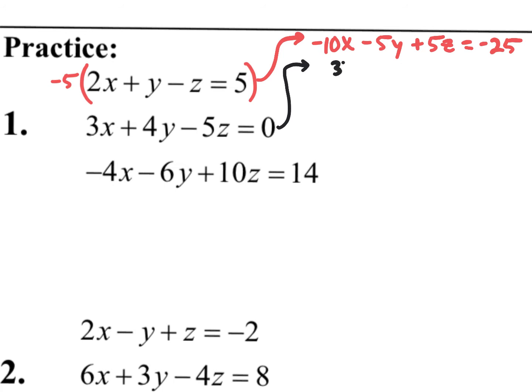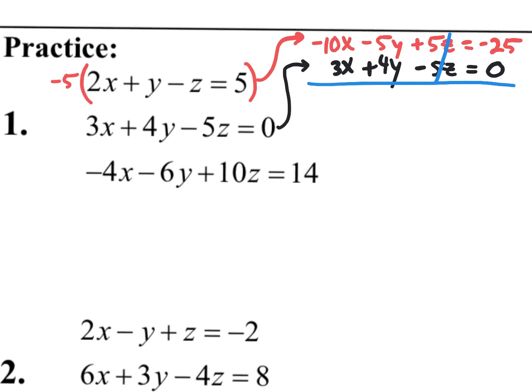Here it is, rewritten 3x, exactly the way it is, plus 4y minus 5z's equals 0. Okay, and I am going to combine the 2 lines, combine the 2 equations, and of course those z's cancel. So what do I have left here?